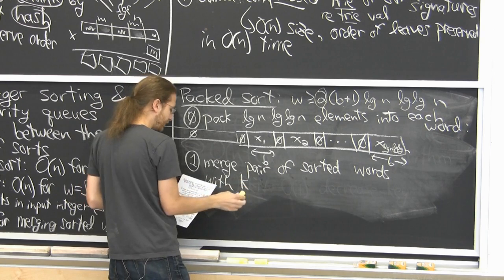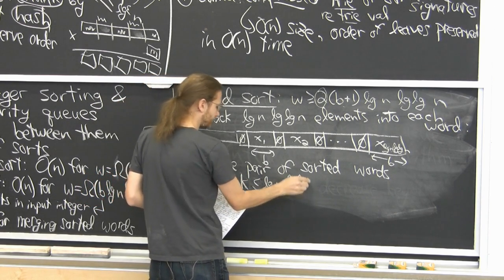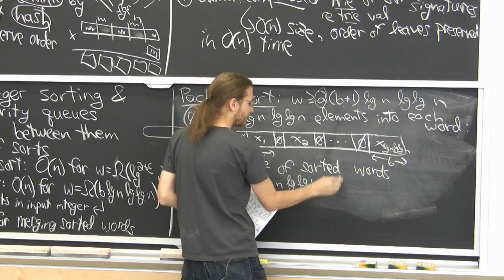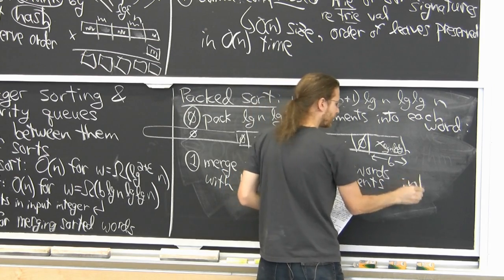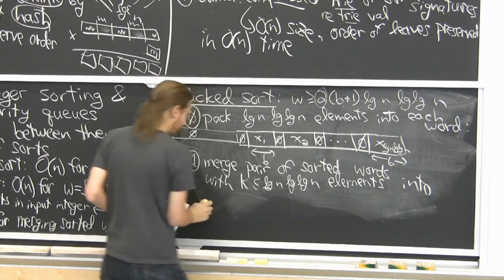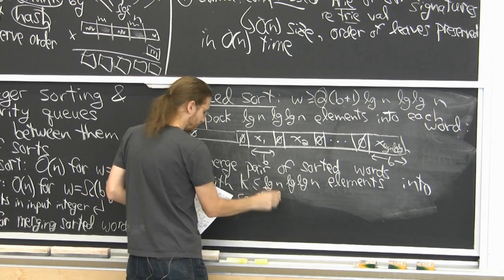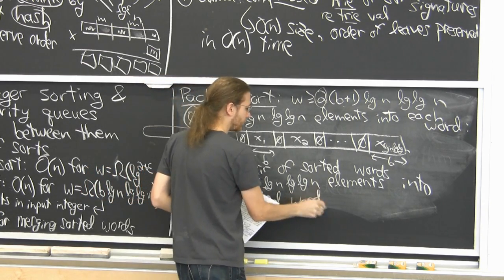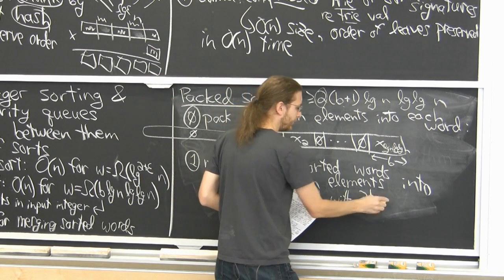Let's say they each have k items, and k is at most log n log log n. And I want to merge them into one sorted word with 2k elements.